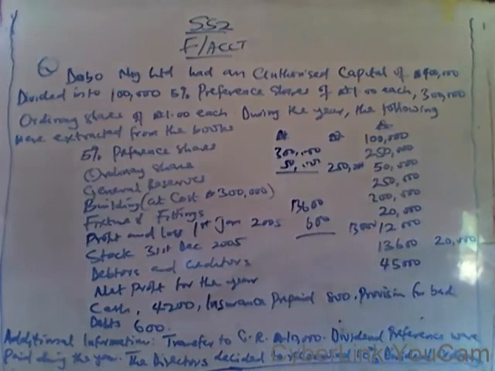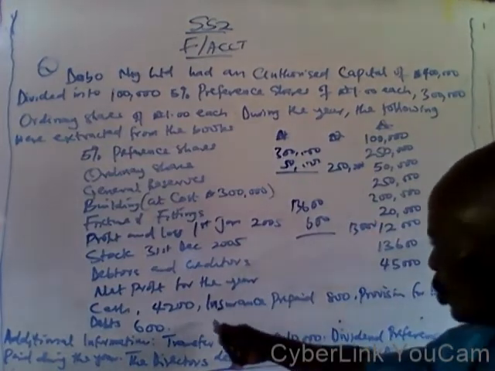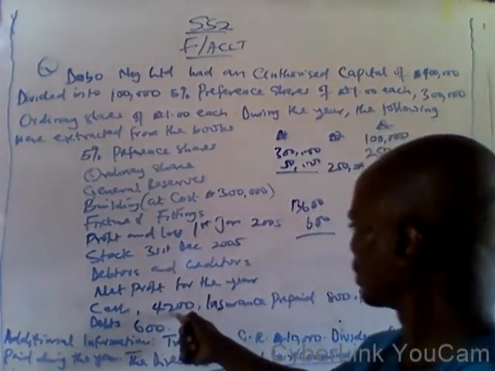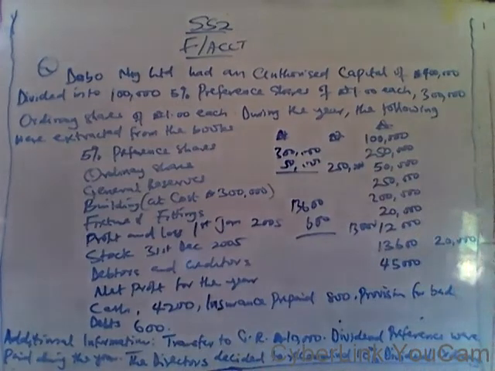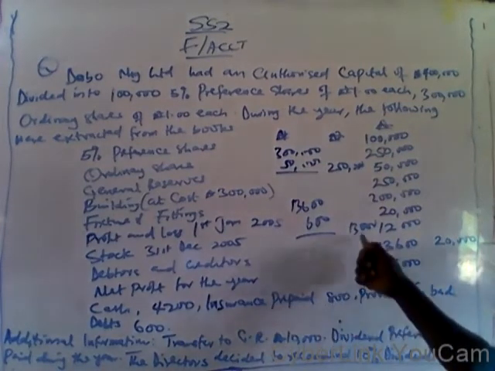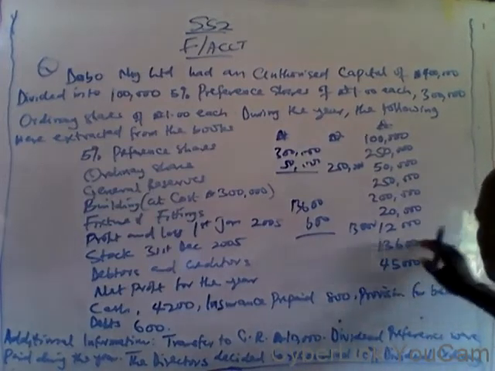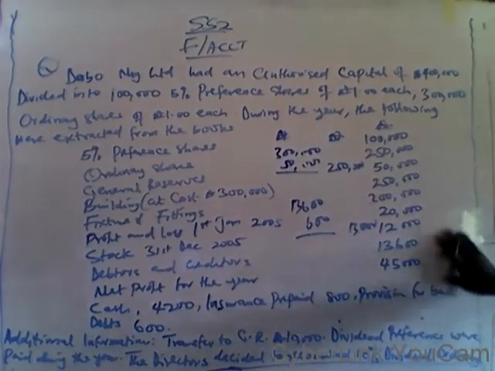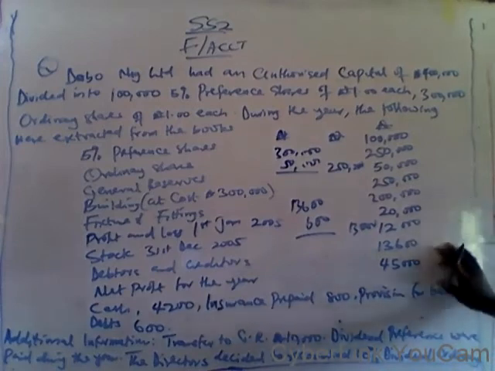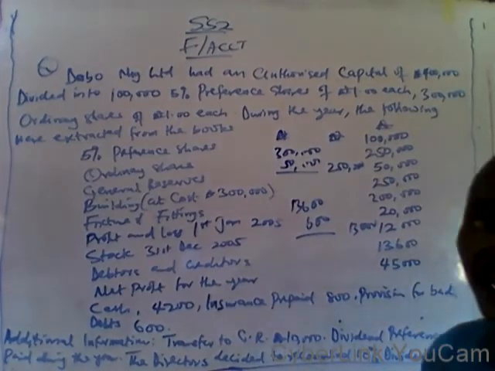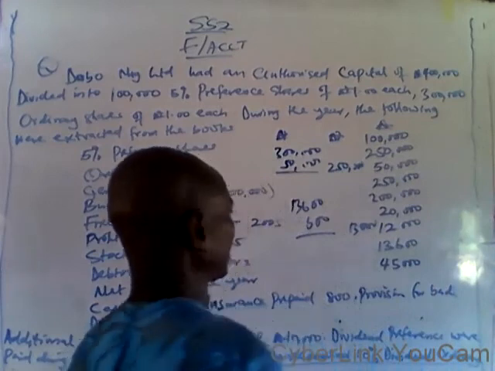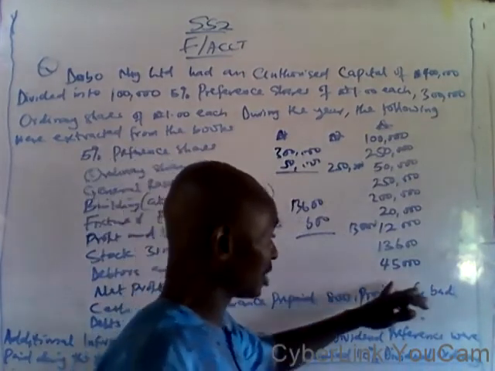And what next? You check the continuation of the question. You have cash of 4,200 naira, insurance prepaid of 800 naira, transferred to the asset side. By the time you have both sides together, your balance sheet must balance automatically without any adjustment.